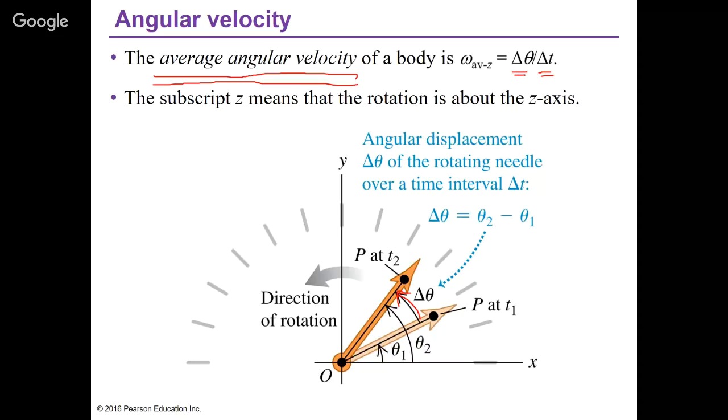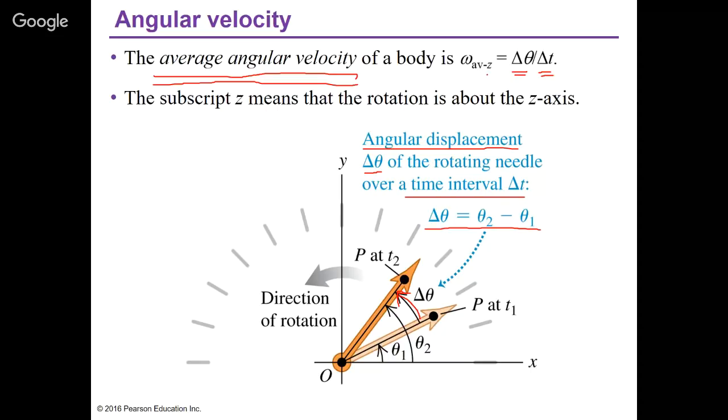The angular displacement replaces the linear displacement, so delta theta equals theta 2 minus theta 1, divided by the time interval. That gives you the average angular velocity.